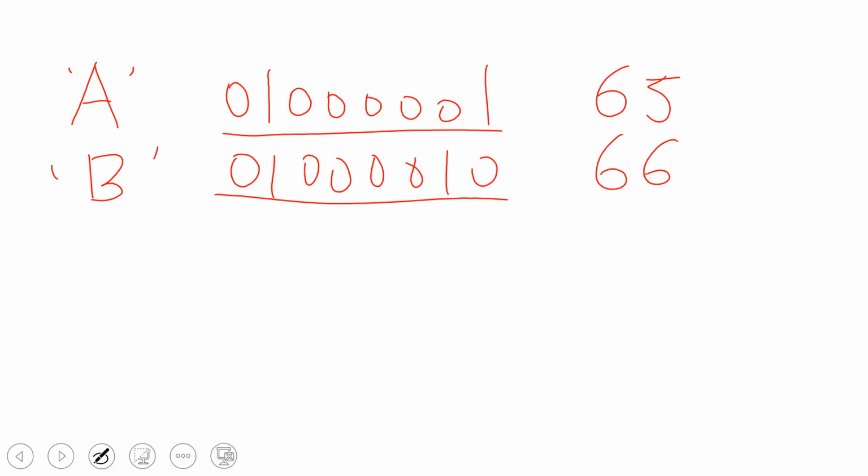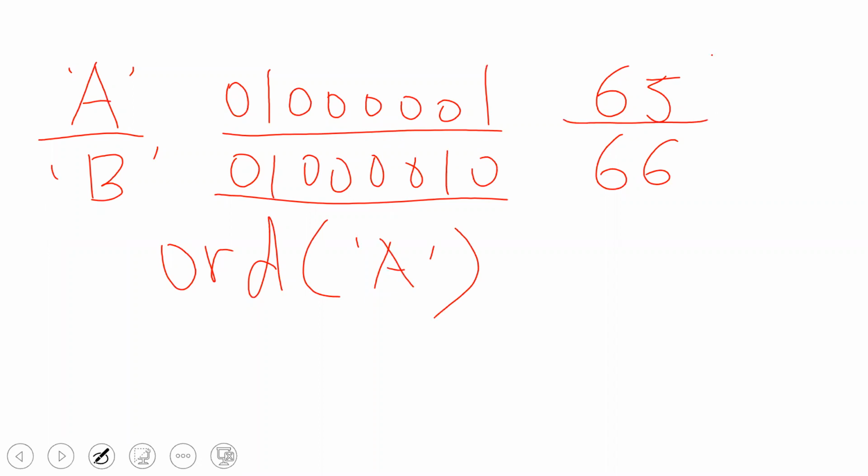This is called a binary number. If you convert it to a decimal number, it will be 65. And this one converted to a decimal number is 66. So ord A will give you 65, and ord B will give you 66.